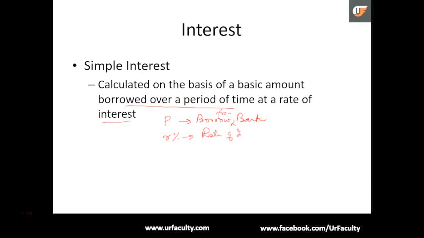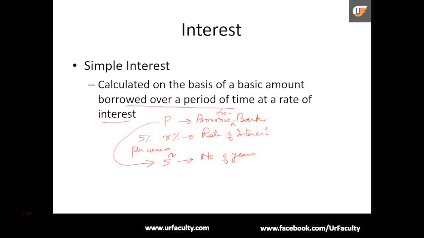So they would say that you have to pay, let's say 5% per annum. That's a key word here. And you say that you will pay back over a period of 5 years or n years, and that's called the number of years.